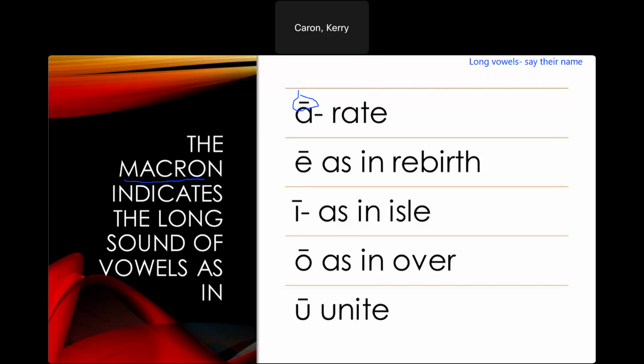The long vowels here carry the macron. So we say rate, we say rebirth, we say I'll, not is'll. We say over and unite. So it's the vowel that says its name.